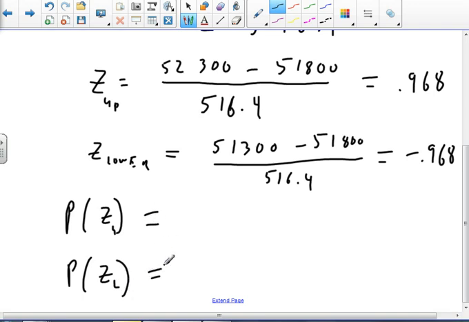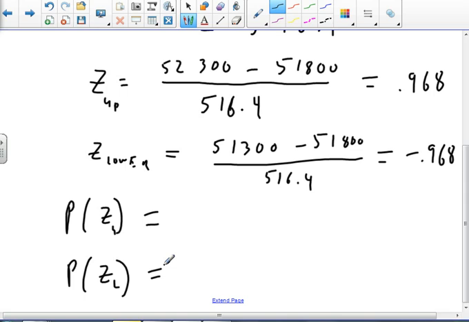All right, so I'm heading towards my table in the back of the book, which is on page 605. I can have a 0.96, or I can have a 0.97, and that's as best I can do.